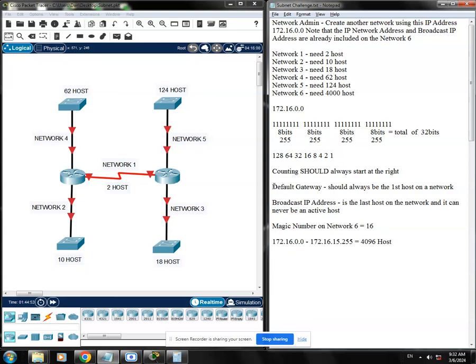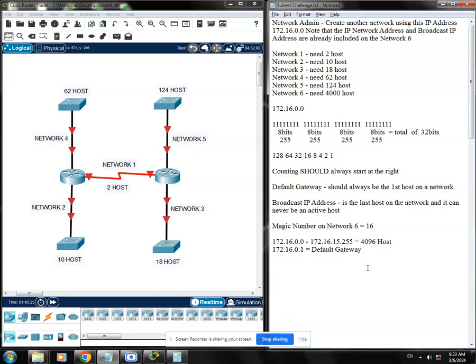The default gateway should always be the first host on the network. So this is the network, and the first host would be 172.16.0.1. So this will then be the default gateway.